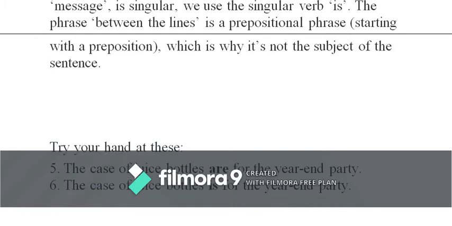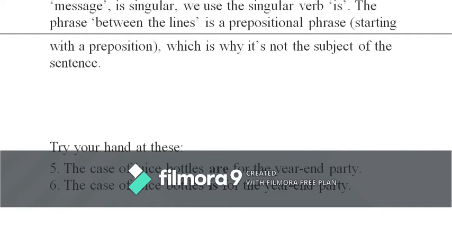Here, which one represents the correct sentence? The case of juice bottles are for the year-end party. The case of juice bottles is for the year-end party. Now according to me, the case is the subject, and of juice bottles is a prepositional phrase.